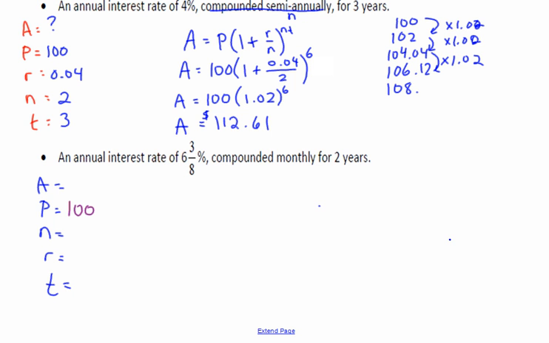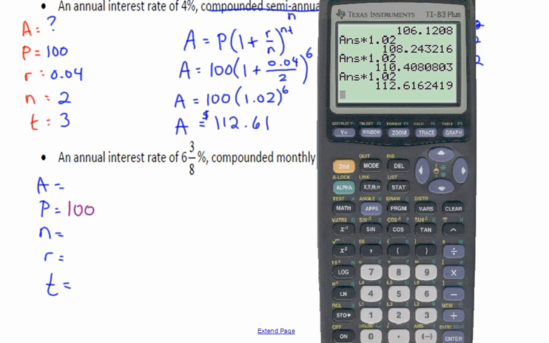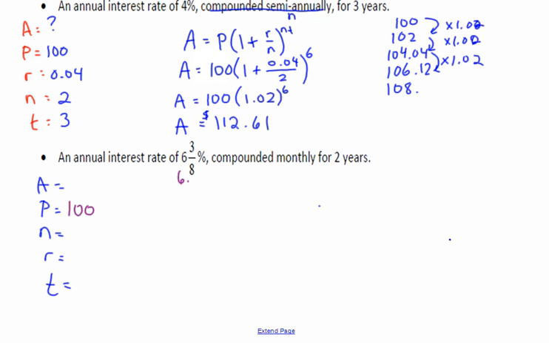How do you change this to a decimal? 6 3/8%. You're going to want to change the 3/8 to a decimal first. How do I make 3/8 a decimal? 3 over 8, 0.375. So this would be 6.375%.